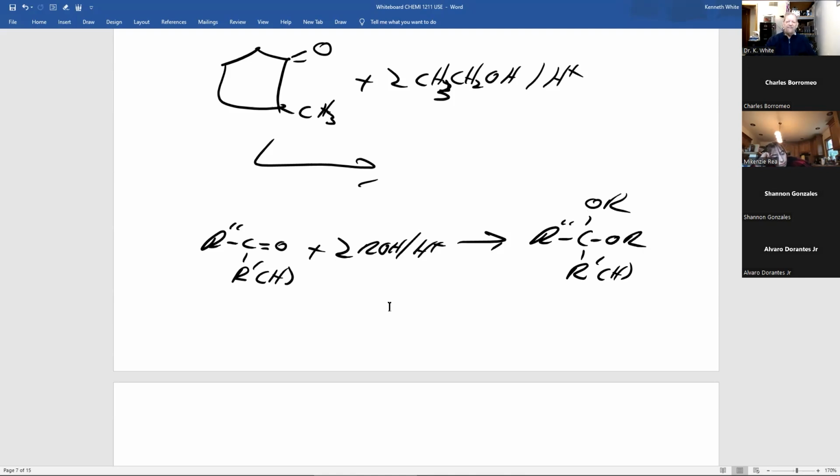And there you go. Give the organic product or products to the following.